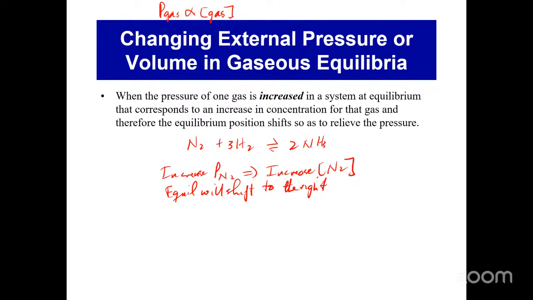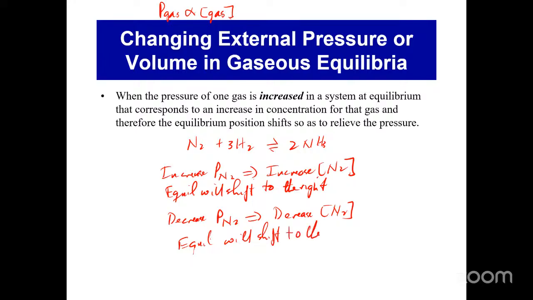Now, of course, you can rationalize what would happen if you decrease the pressure of nitrogen. That means you're decreasing the concentration of nitrogen. So which direction will the reaction shift? Equilibrium will shift to where? To the left, exactly.